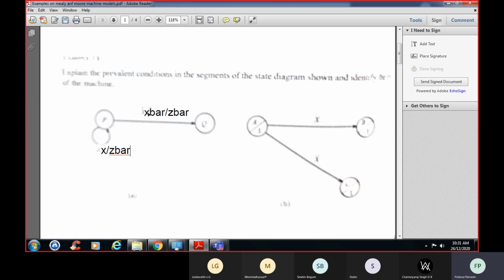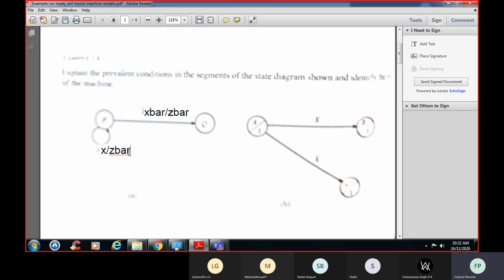X means it is input, output is Z. So it is moving from state P to state Q when input is 0, and the output you will be getting is 0. Bar indicates 0. If it is without bar, it indicates 1. Okay. So P remains in the same state when the input is 1, and the output you will be getting is 0.